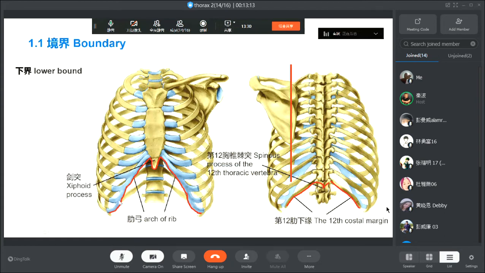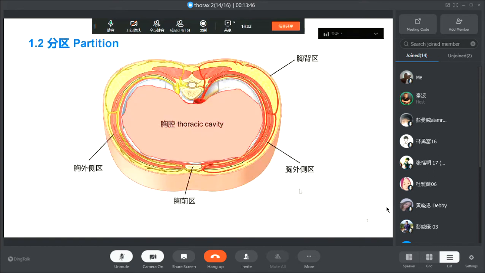The lower boundary is the xiphoid process and the costal arch, and at the back, the lower boundary is the 12th rib and the spinous process of the 12th thoracic vertebra. So this part is the lower part. All right.